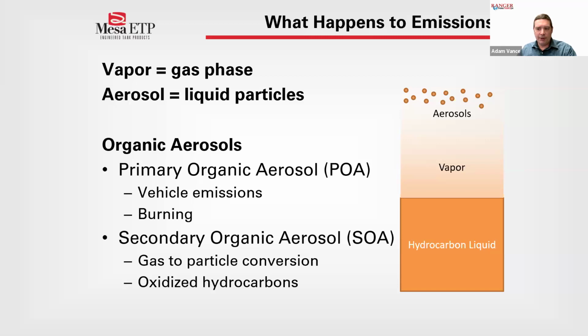Aerosols are classified as primary or secondary depending on their source. So primary organic aerosols typically result from vehicle emissions or burning or some similar activity. Secondary organic aerosols are sourced by gas to particle conversions and oxidized hydrocarbons, with some research showing potential sources of those intermediate and semi-volatile.